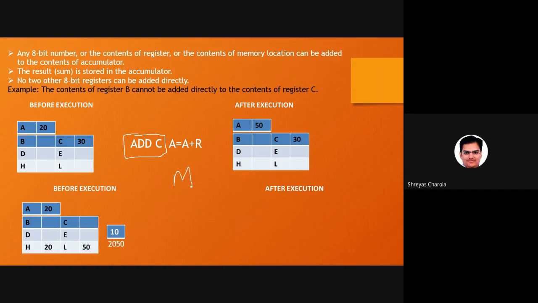Whenever you write M, what does it mean? What do you mean by M? Memory. Which address does it contain? In which register will the address be there?